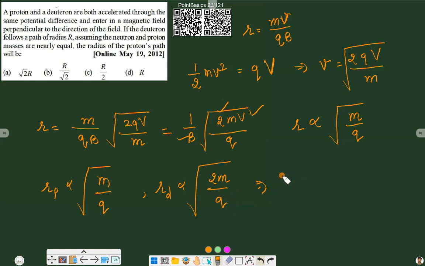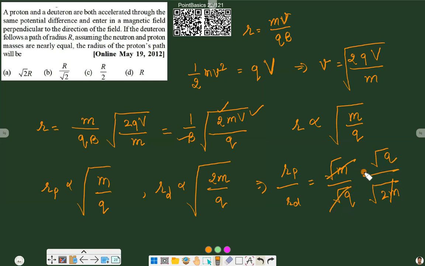So we can say the radius of proton by radius of deuteron will be equal to root m by root q over root 2m by root q.